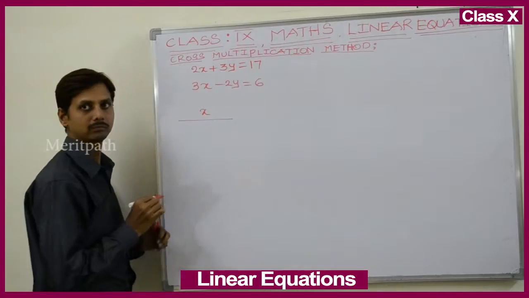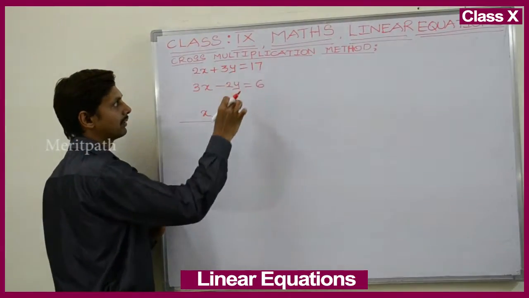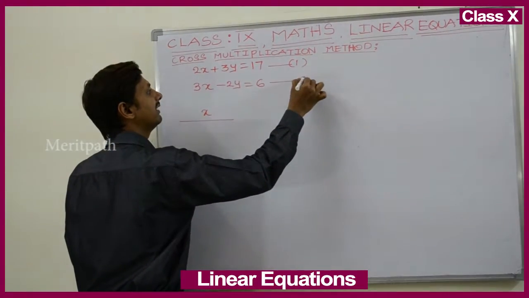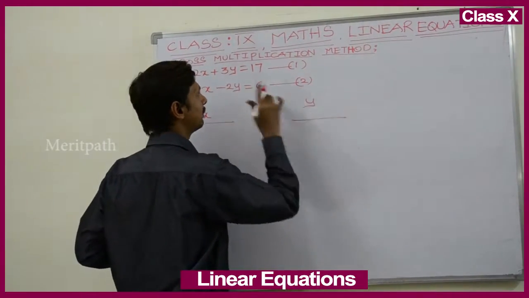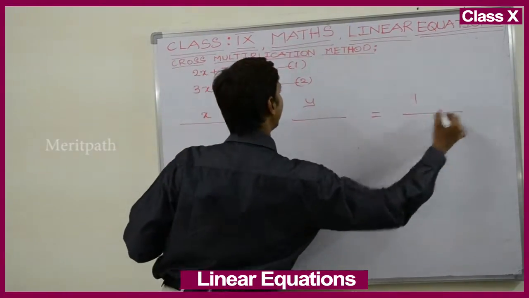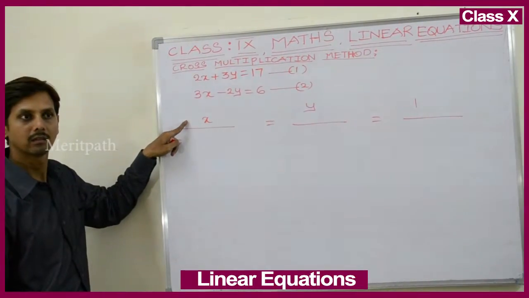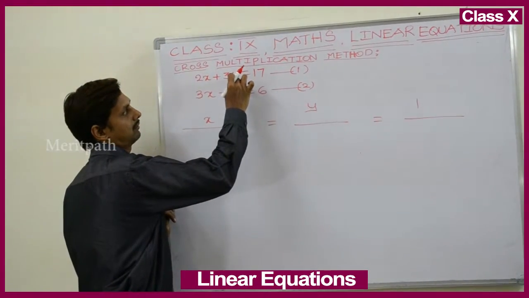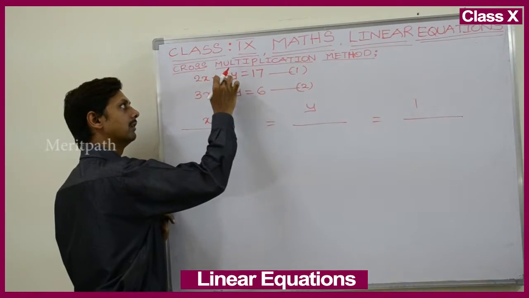x divided by the sum of the values of the coefficients in the first and second equations. First, x divided by the y coefficients in the first equation and second equation.